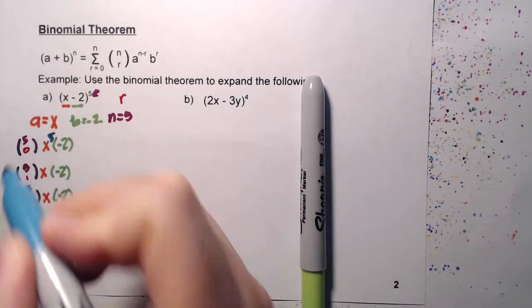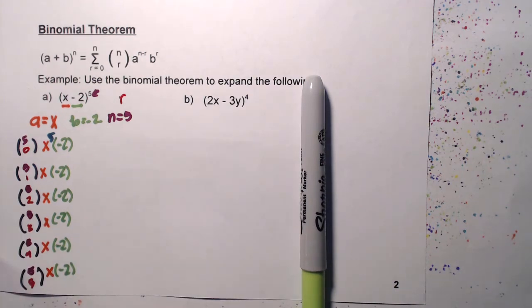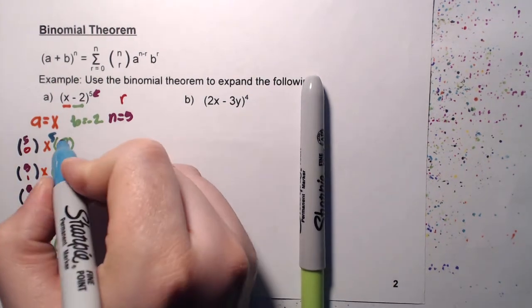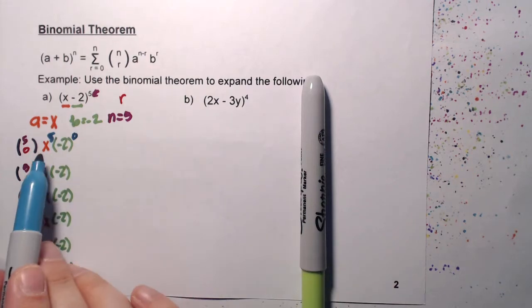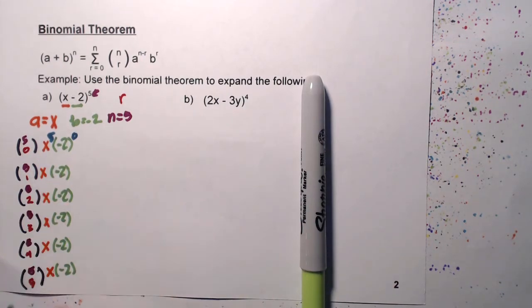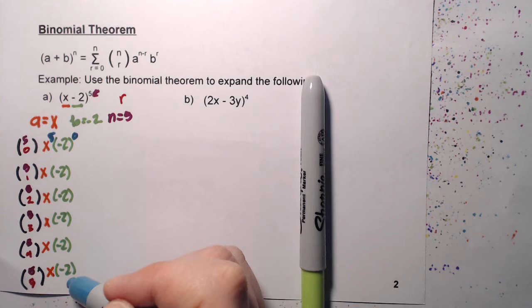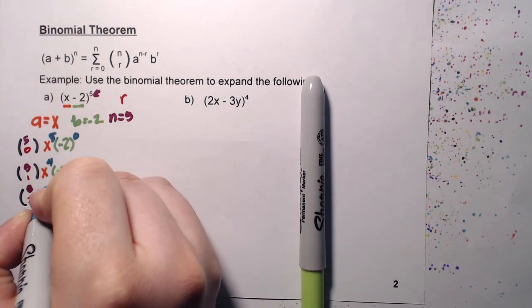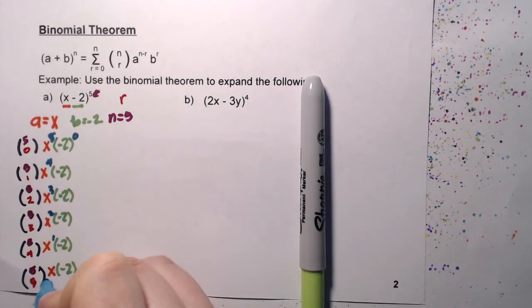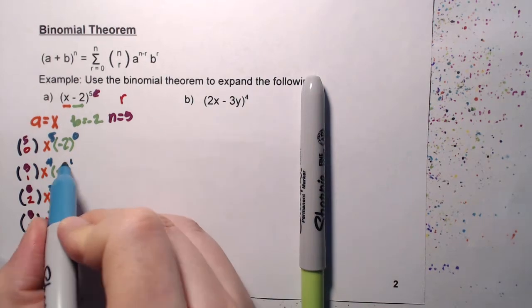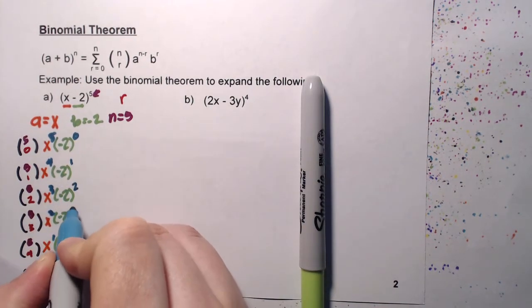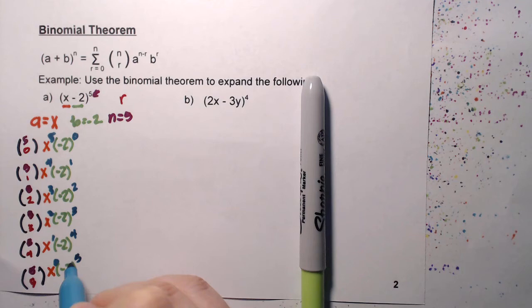I never actually think about it in that way though. I just say, well, this one starts at 5, this one starts at 0, so the maximum and the minimum. And then I just decrease this one, increase this one. So 5, 4, 3, 2, 1, 0, or 0, 1, 2, 3, 4, 5.